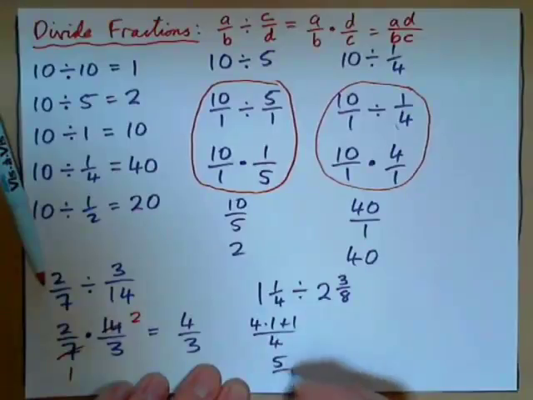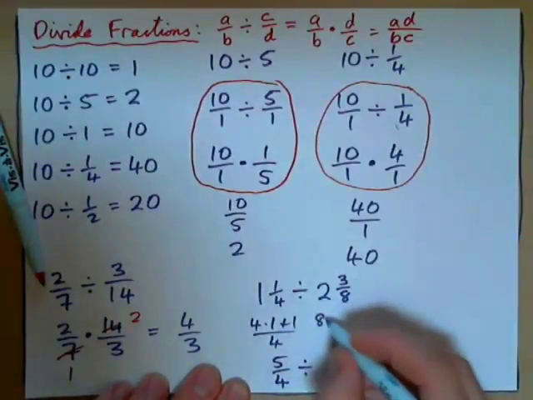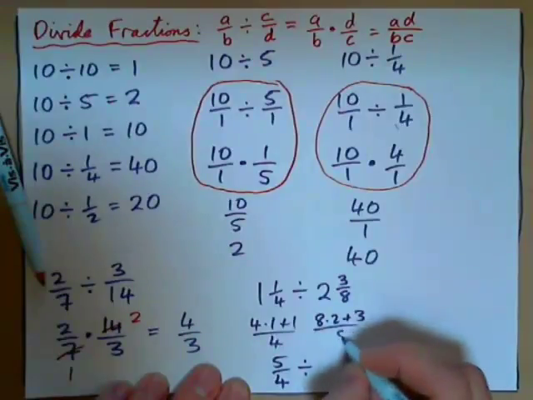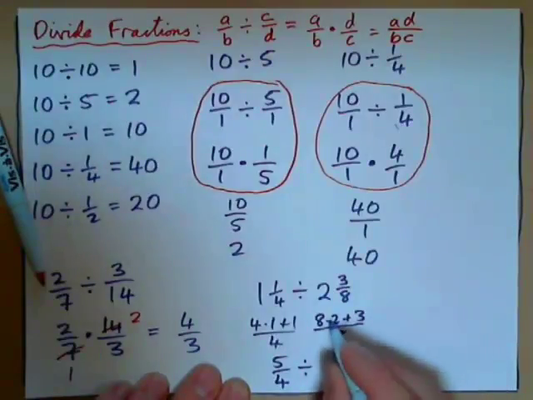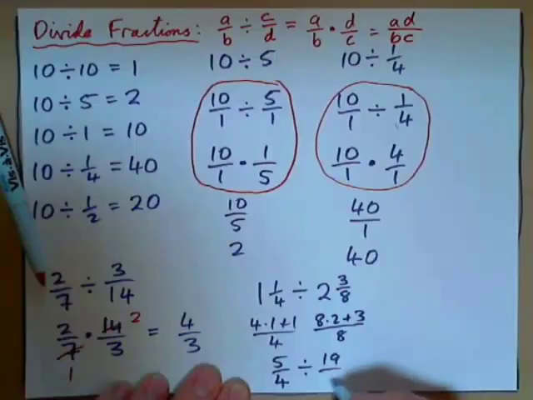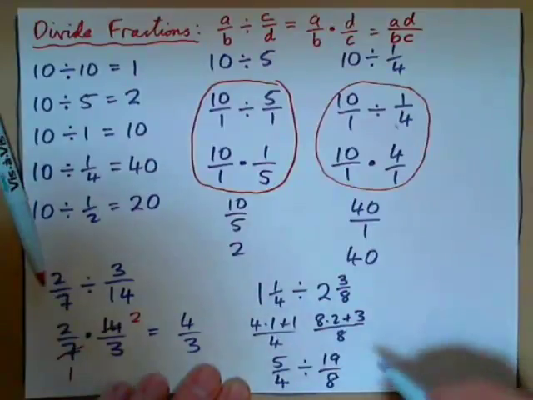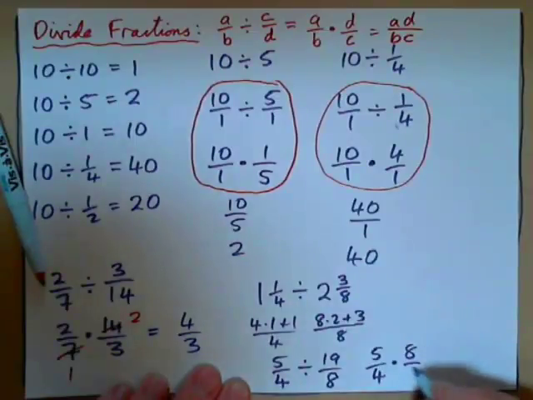So we get 5 over 4 divided by 8 times 2 plus 3 over 8, which is 16 plus 3, 19 over 8. And when we're dividing fractions, we flip the fraction on the right and multiply. So 5/4 multiplied by 8/9, right?